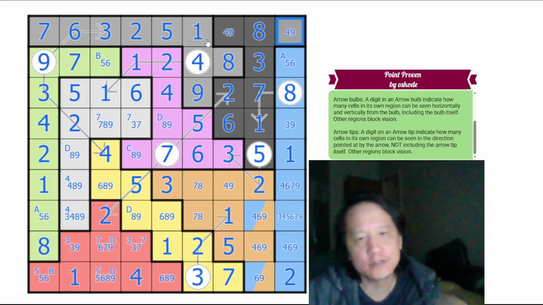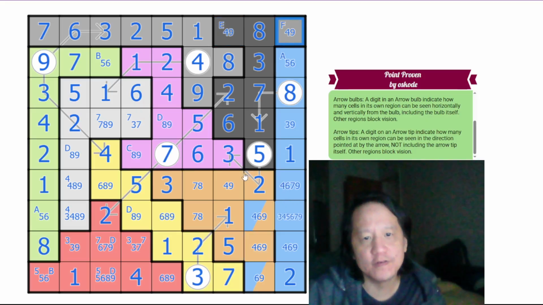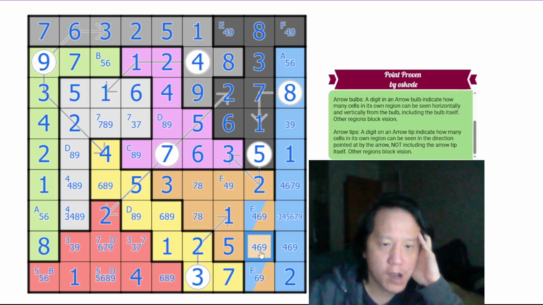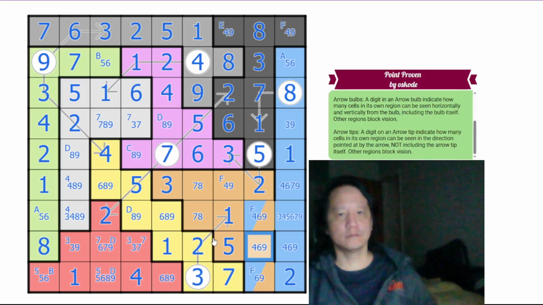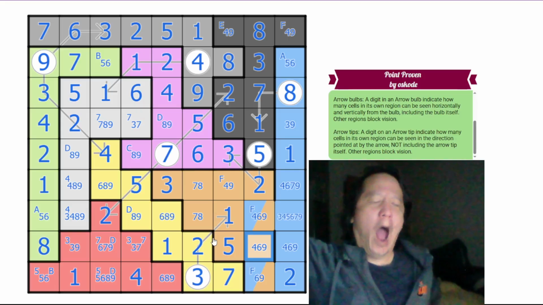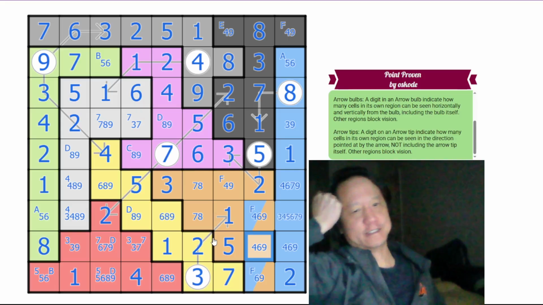Okay. Let's try E and F. E, F. That forces us to be F. F cannot be in the blue, so F has to be one of these two. Is any of this helpful?